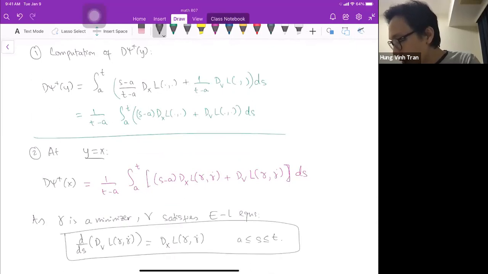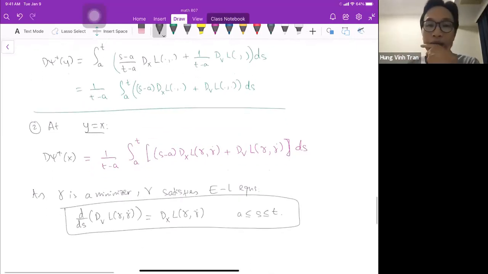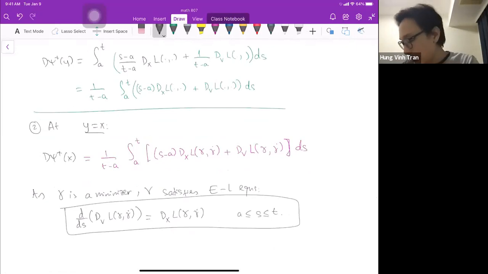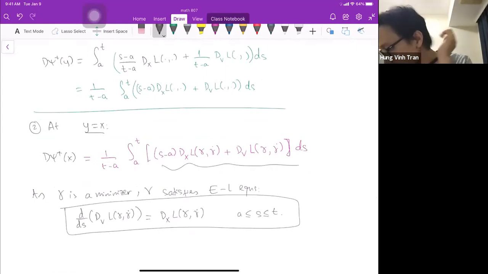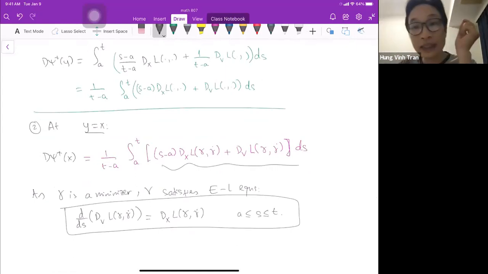Now I can plug this relation into the earlier one, right? What can I do? I can replace dxL by d over ds of dvL. So let's do it.